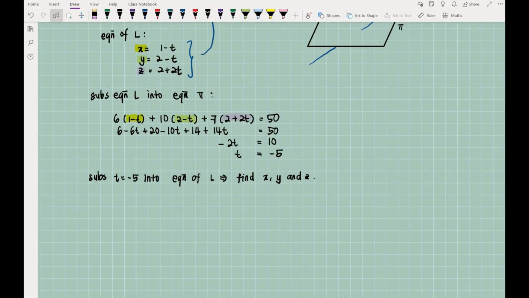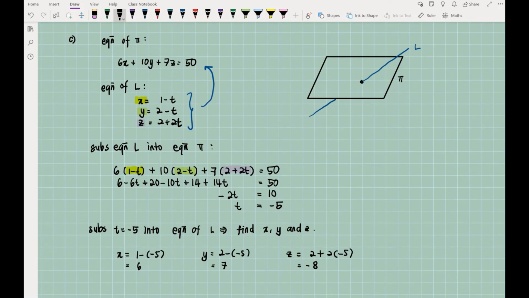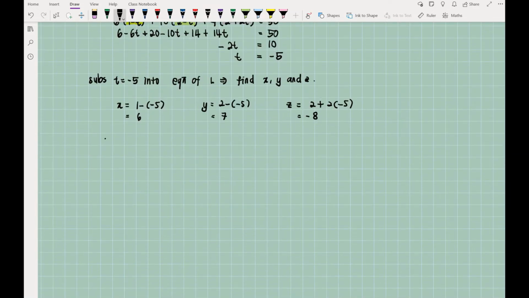So just expand and solve. So from your working, after we expand and rearrange, make sure you collect t on the left side.